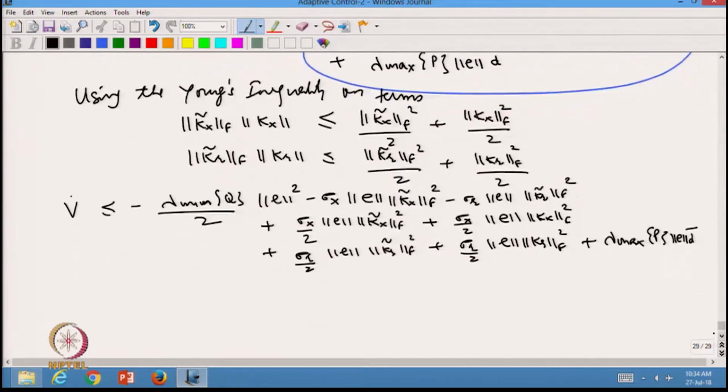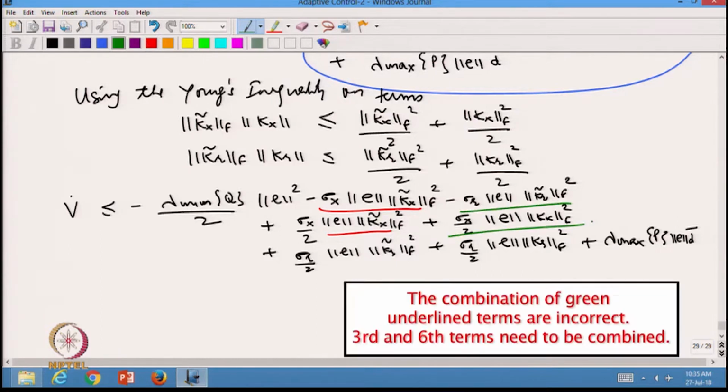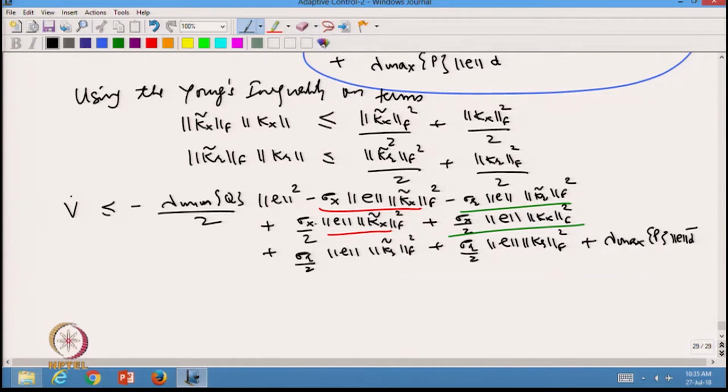Okay, so now what we can do with this is that we can combine some terms like this one and this one, and then we can combine these two terms. If you combine these two terms, what we will get is minus sigma x over 2 of norm E times norm of kx tilde square, and similarly for this term.